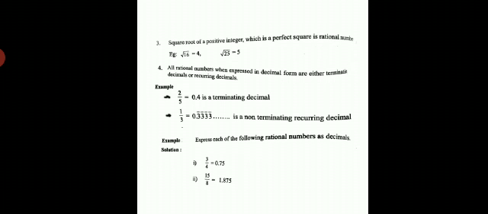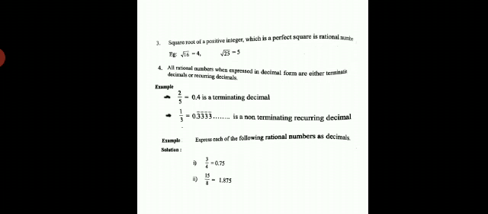Non-terminating recurring decimal in the sense that the number after the decimal, the same number, is repeating. So, it is called recurring. Recurring in the sense the same number is repeating. The remainder will remain, the process will continue, and so on. Hence, it is a non-terminating recurring decimal.